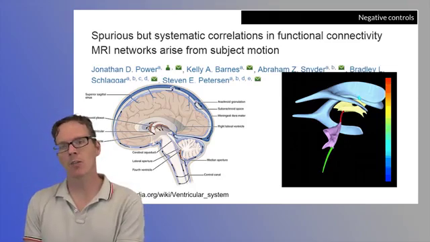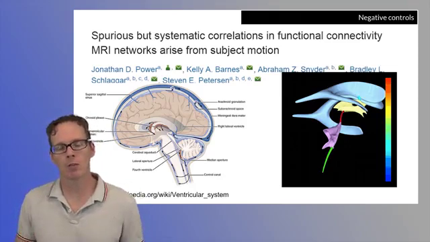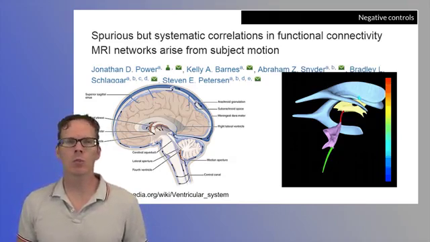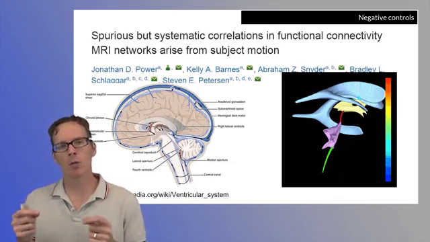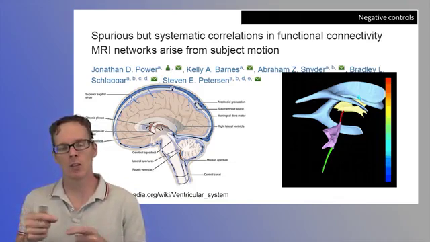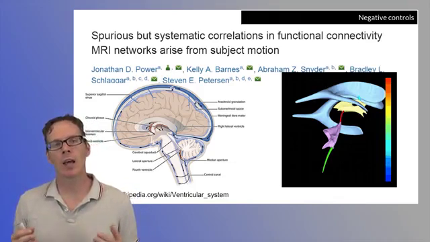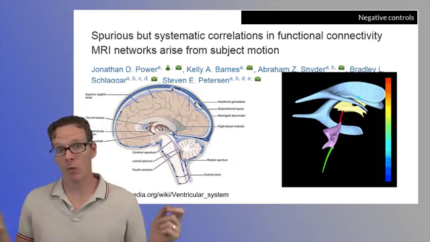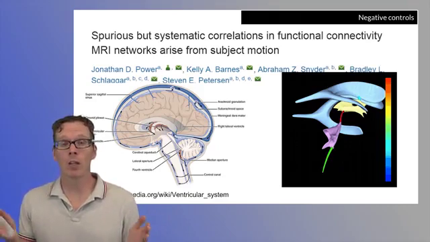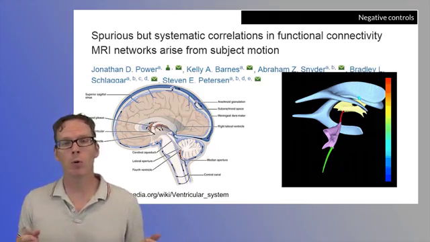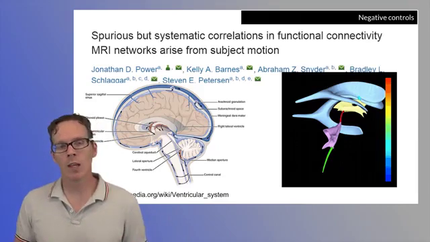They found out that this was due to a couple of interesting artifactual components of the data. One was head motion. As people moved their head, it created similar patterns in the two locations in the ventricles, and that caused correlations. Those effects permeated the rest of the image, so a lot of what people were reporting as connectivity was really due to head motion.